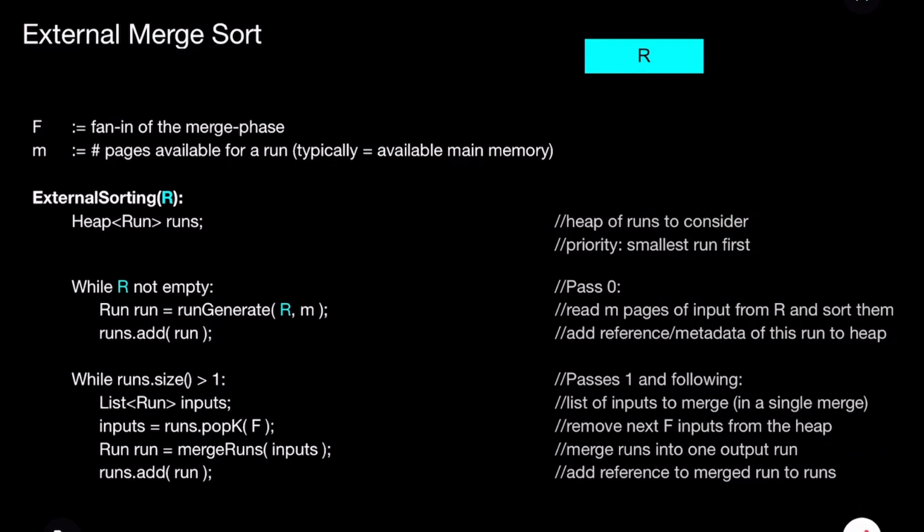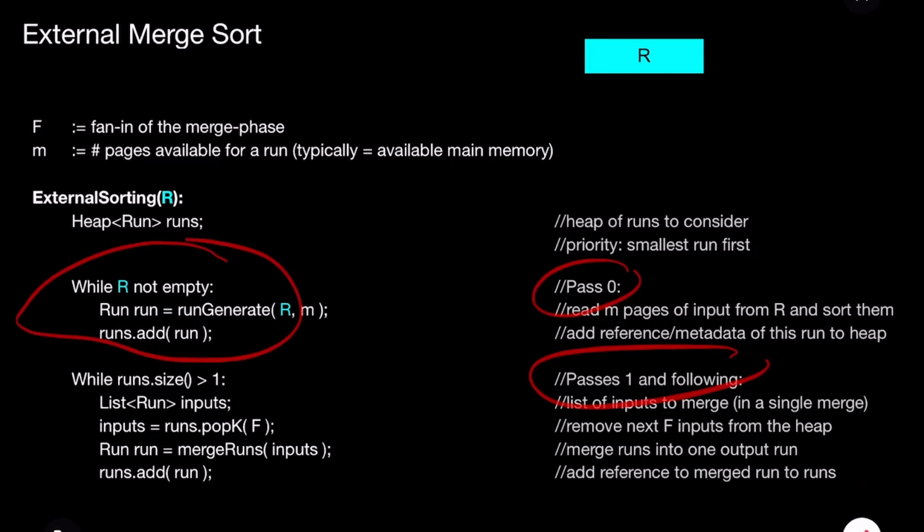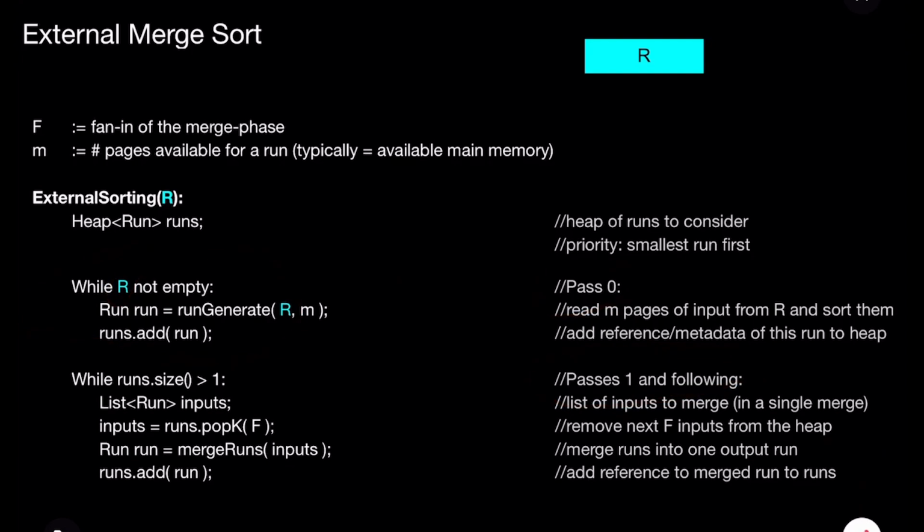So basically, two phases: this pass 0 and passes 1 and following. Pass 0 is also called the run generation phase. You take the next pages, fill up all your main memory, run it through a main memory sorting algorithm, quick sort for instance, and write that run out to disk.